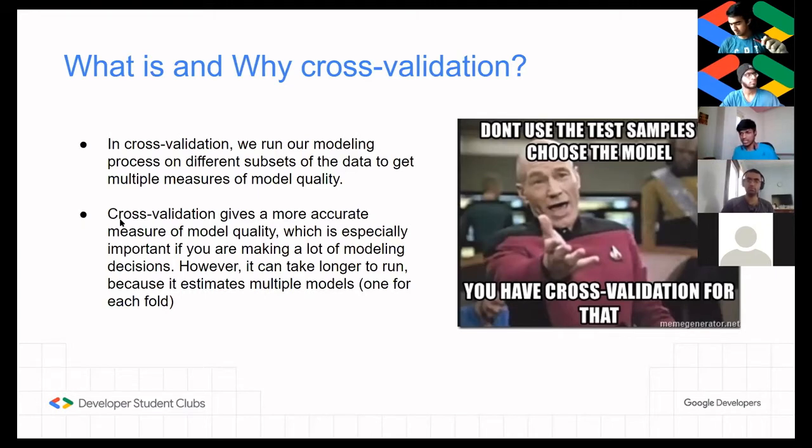The next time we run the second 400 as the training data set and the first 100 as cross-validation. Cross-validation gives a more accurate measure of model quality, which is very important when you're making modeling decisions.